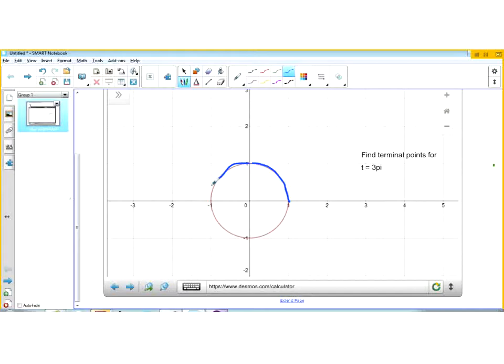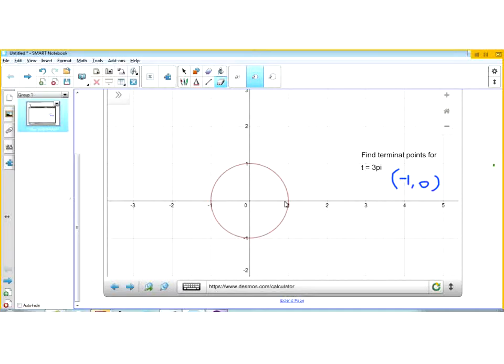So this is pi right here. This is t equals pi. Then we go another pi. This is t equals 2 pi. And then we walk another pi, so we make another half loop around the circle. So the answer to this would be negative 1, 0. That would be the terminal point. See how that works?